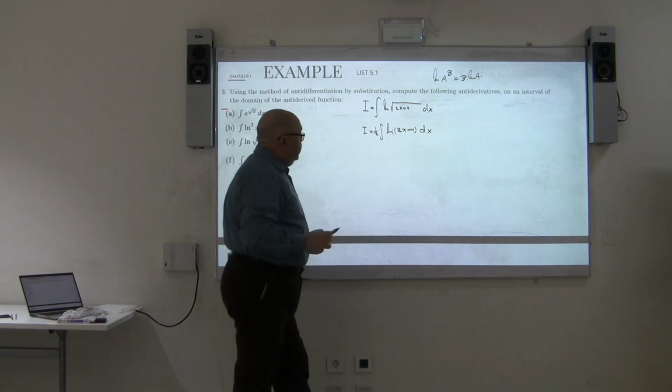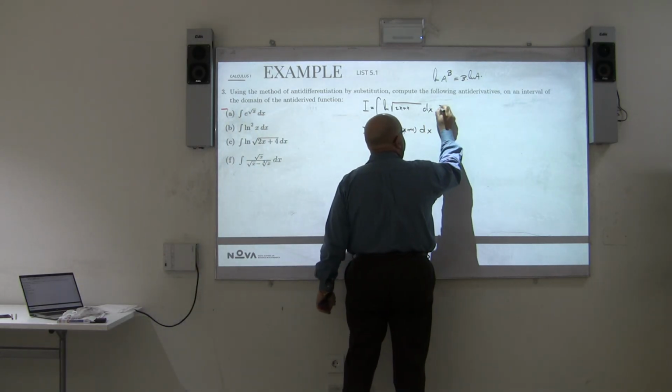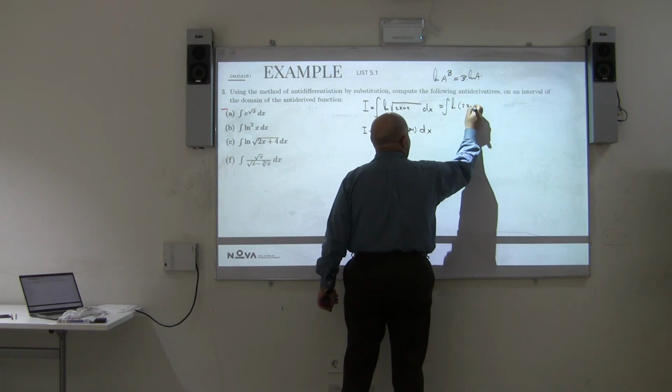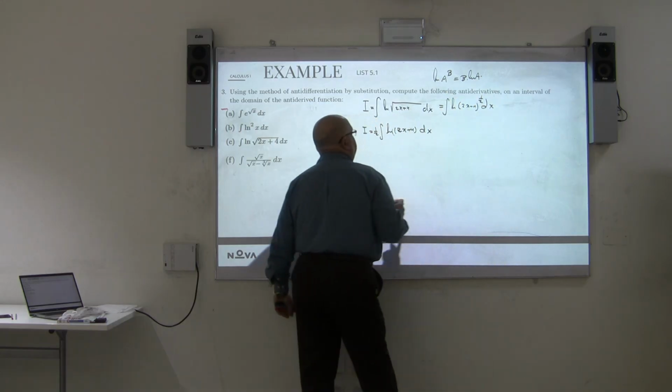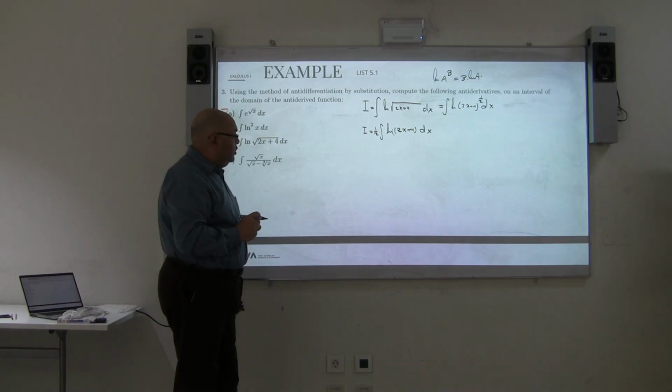This is the property that I took advantage of. As I told you, if it is not clear for you, this is just ln of (2x plus 4) to the power of half with respect to x. So the half just jumped outside our integration sign.